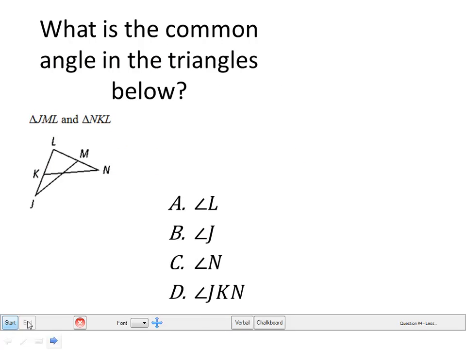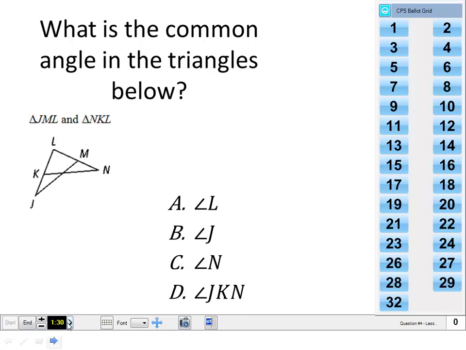Respond with your clickers in the next 90 seconds. What is the common angle in the triangles below? Triangle JML and triangle NKL.